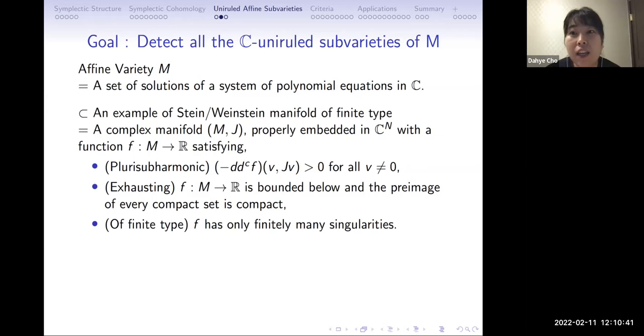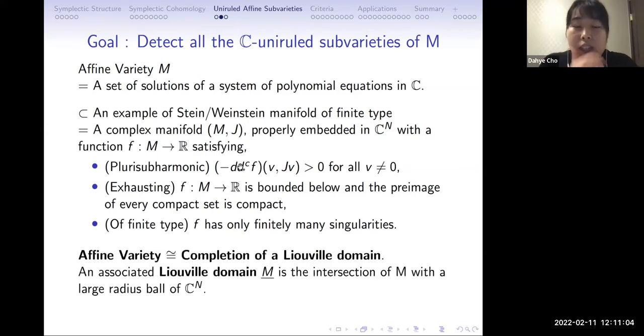An affine variety M can be compactified to a projective variety X with an ample divisor D. Then from that ample line bundle, we choose a section of the line bundle and take the norm of the section.